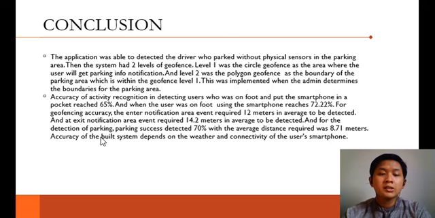And parking success was detected in 70% of cases, with the average distance required being 8.71 meters. Accuracy of the built system depends on the weather and connectivity of the user's smartphones.